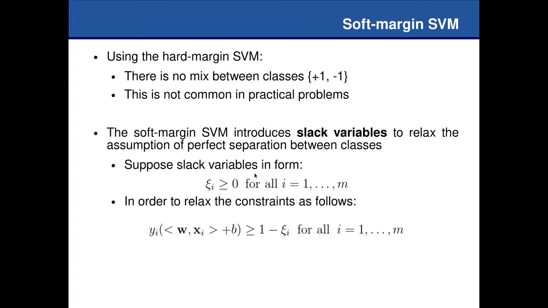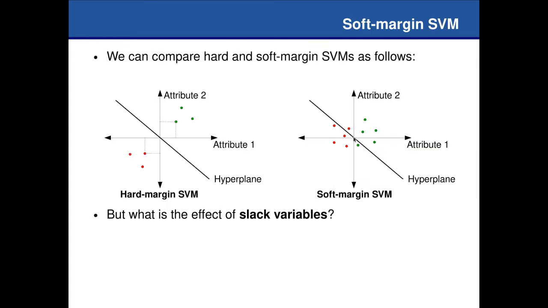Those slack variables will bring some sort of relaxation to our principle. What is the relaxation? For example, instead of saying that the constraint should provide a value greater than or equal to 1 for this point, I could say that psi of this point equals 2.